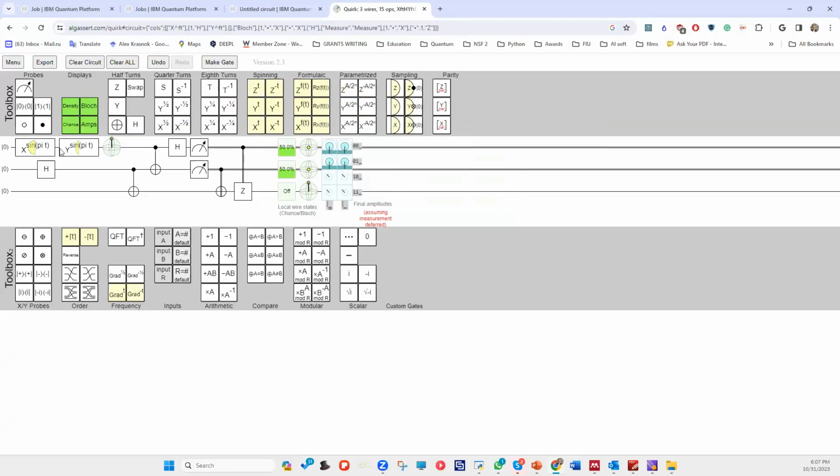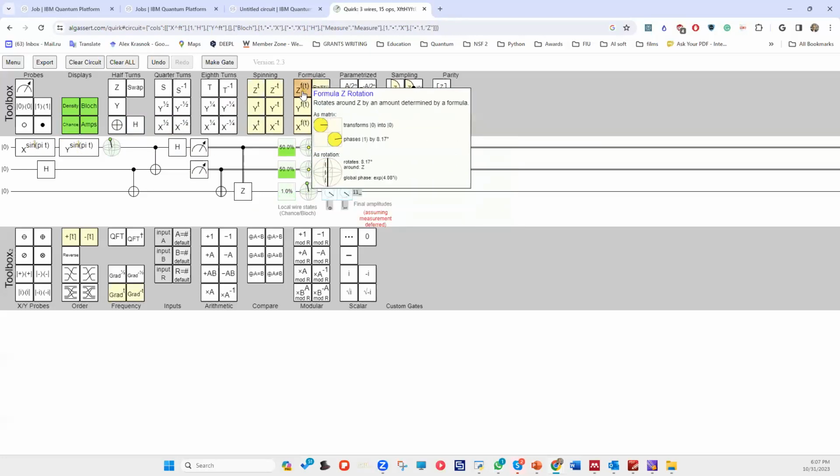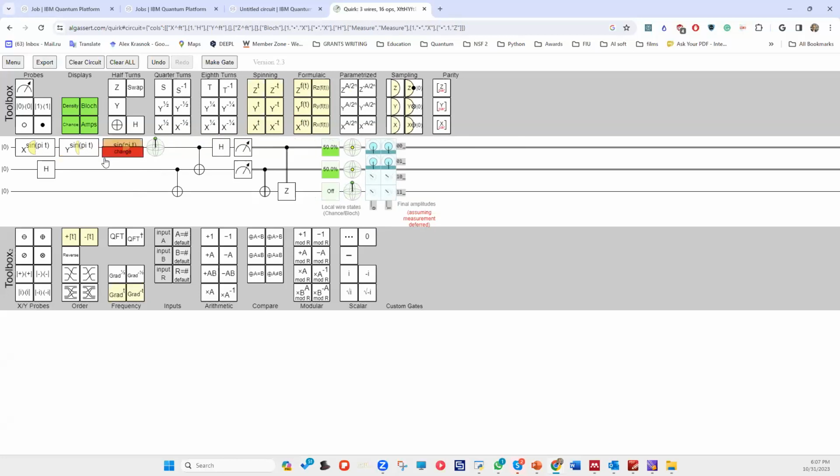And if I add, for example, the Z direction, it still works perfectly. So using this circuit, we teleported the state of the first qubit to the third qubit.